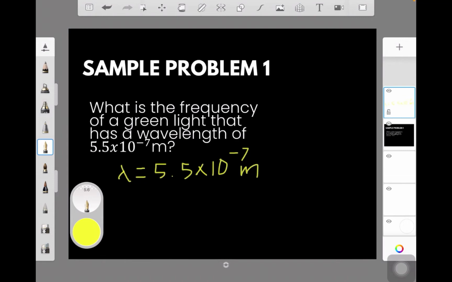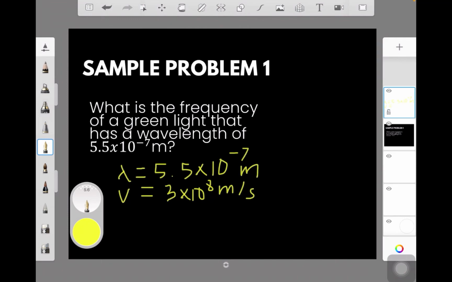Therefore, since we know that the speed of light, or the speed of electromagnetic wave, is constant in vacuum, we will write V. So V is just equal to 3 times 10 raised to 8 meter per second.